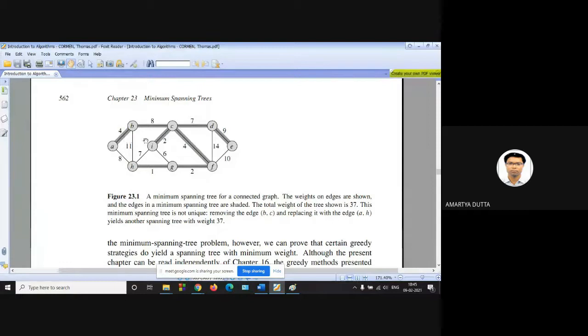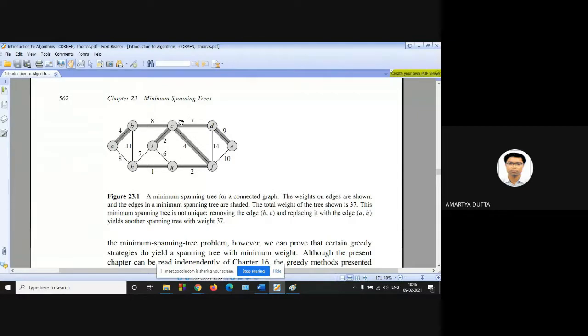So this is a graph. The graph is given: A, B, C, D, E, F, G, H, I. These are the vertices, and the weights are shown, 4, 8.